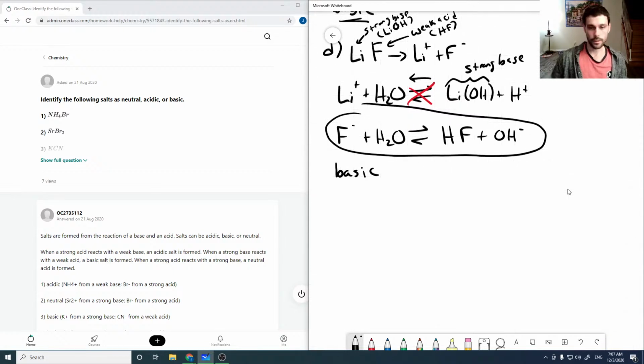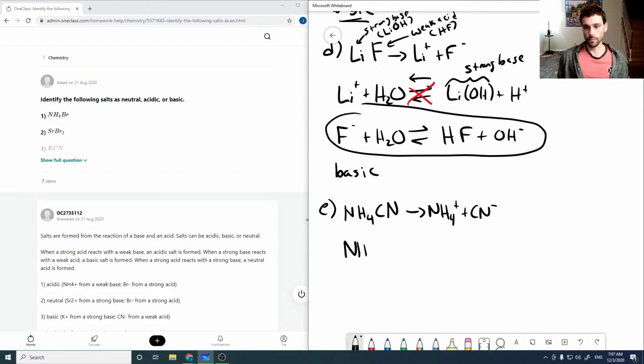So the fifth one here, which I'm calling E, is NH4CN. Now this is going to give us NH4 plus and CN minus.